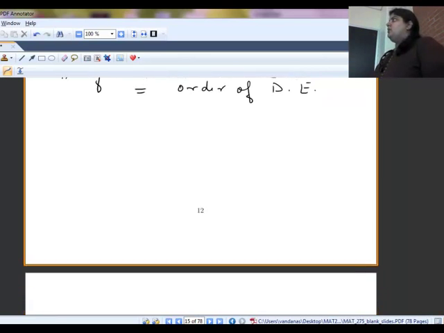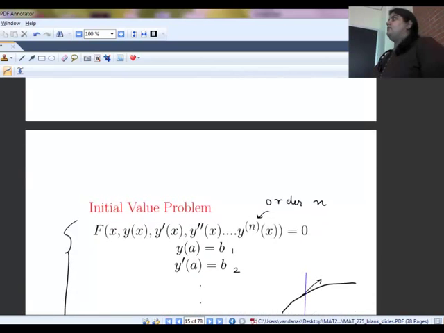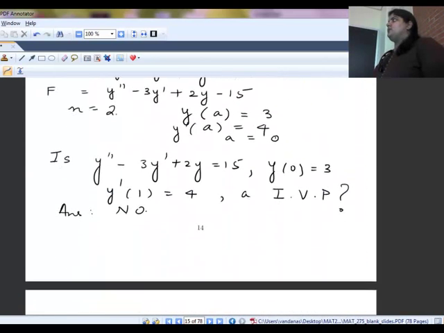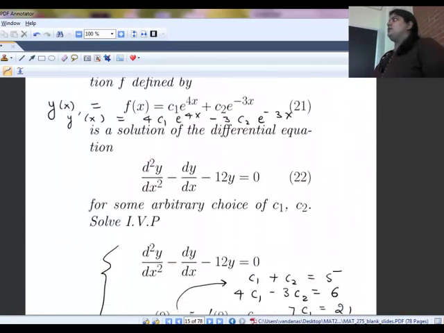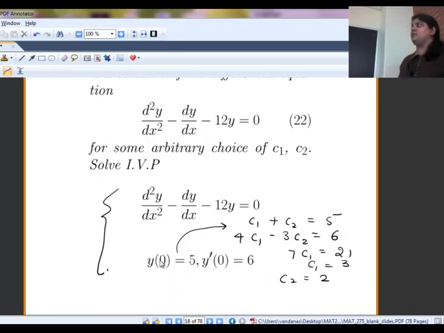Now if you have a third order differential equation, you need y at 0, y prime at 0, y double prime at 0, and it need not be just 0. It can be at any point, but the point has to be the same. Okay, so this is the problem. Now the problem which I worked out right now is similar to your homework set problem.